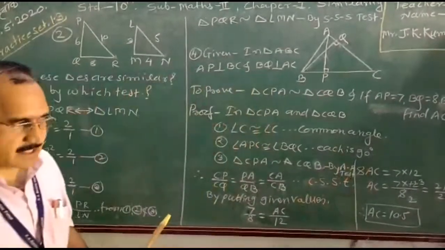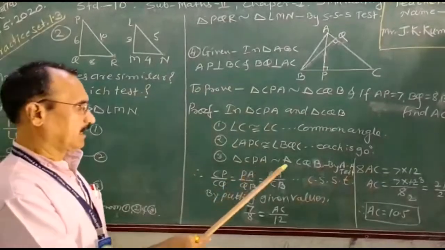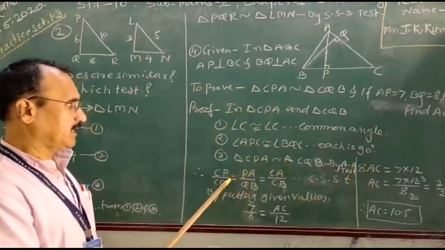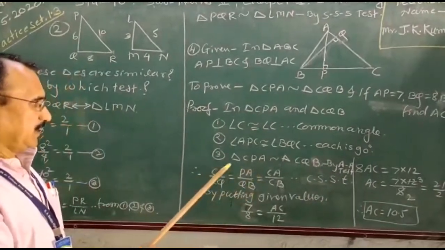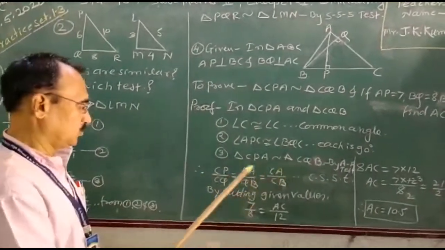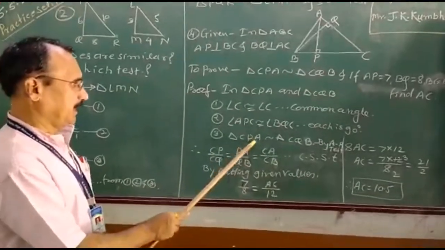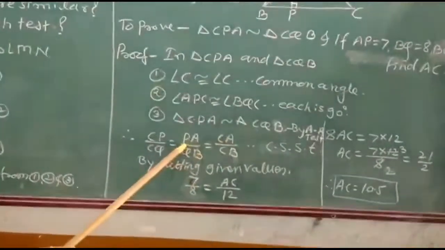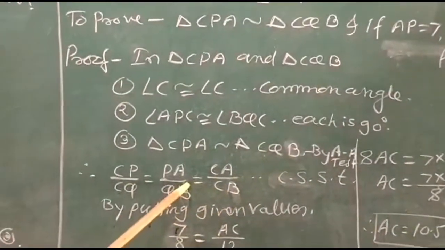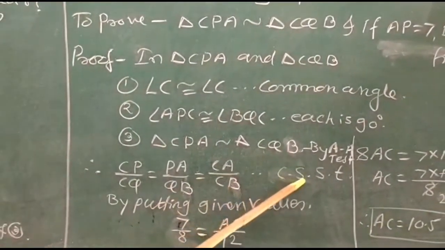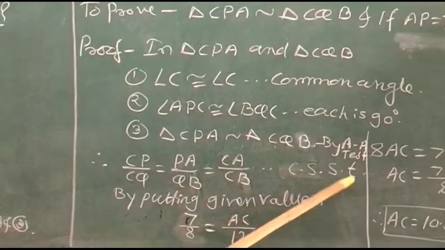And if triangles are similar, we know the corresponding sides are in equal proportion. CP upon CQ, PA upon QB, and CA upon CB are corresponding sides of similar triangles.